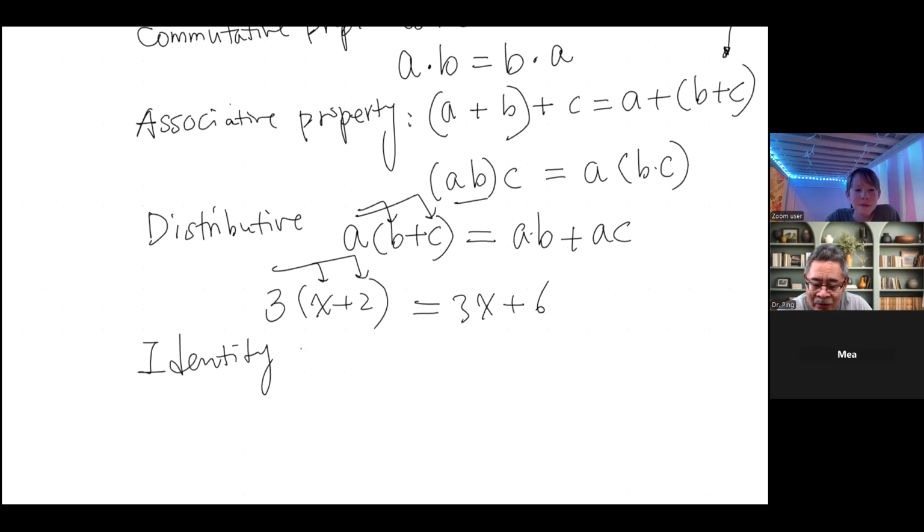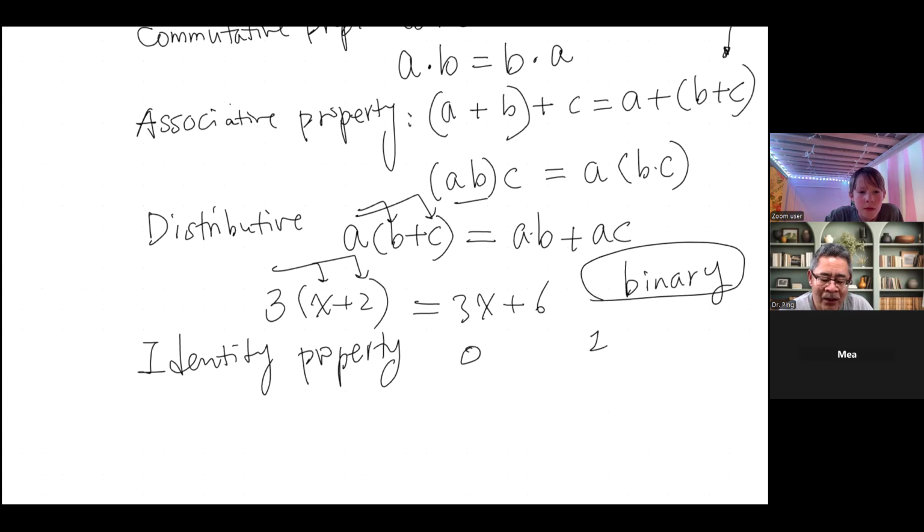The next set is called the identity property. It tells us about two special numbers, 0 and 1. Later on, when you get to high school, you will learn something called binary. Binary is the number system that computers speak: 0, 1, 0, 1.